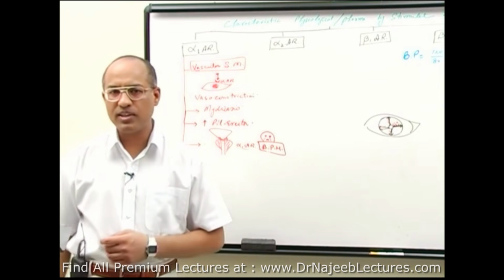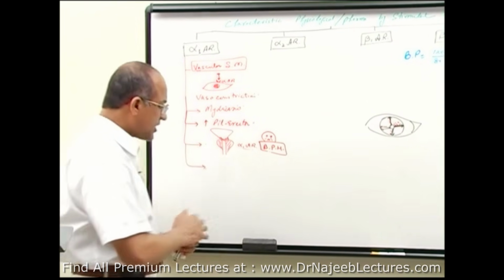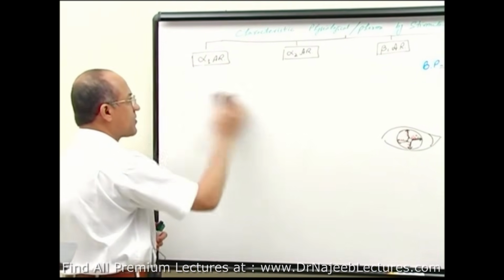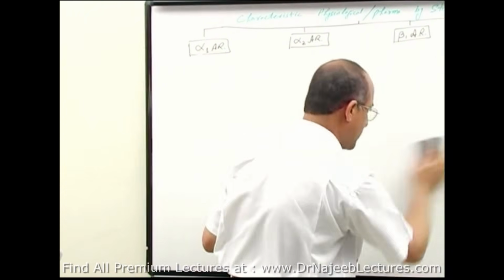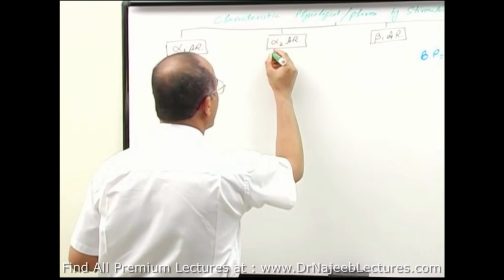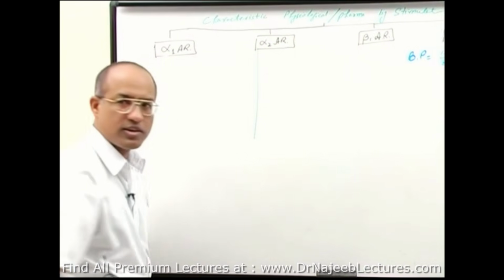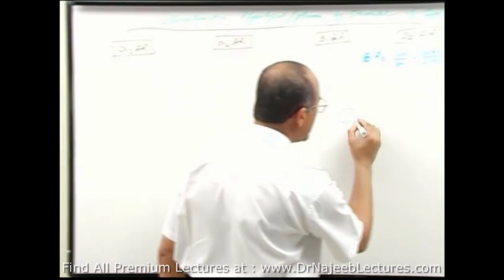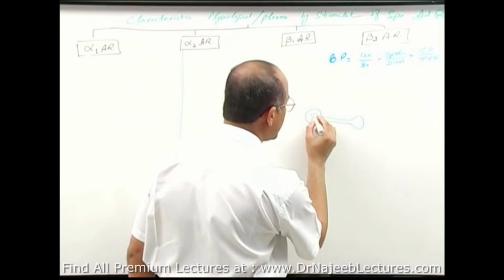Right. After the alpha 1 mediated actions, now we go to alpha 2 actions. What are the alpha 2 actions? In the last lecture, I told you a lot about alpha 2 receptors. Number one, alpha 2 receptors are present presynaptically in the neurons.